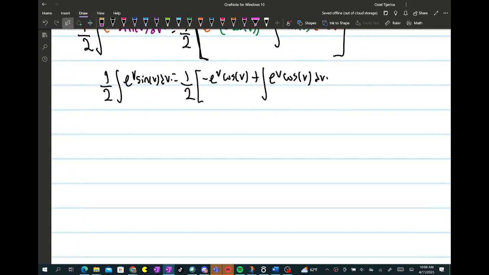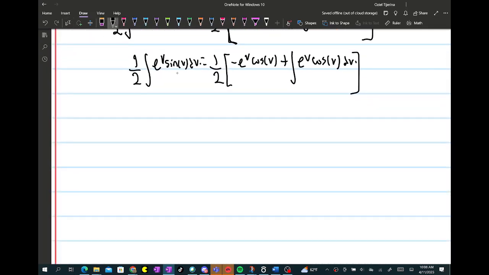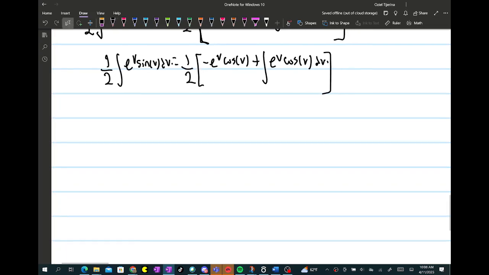And so from here, let's see, I think we need to do integration by parts again.